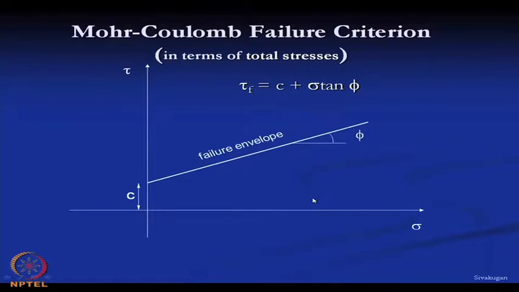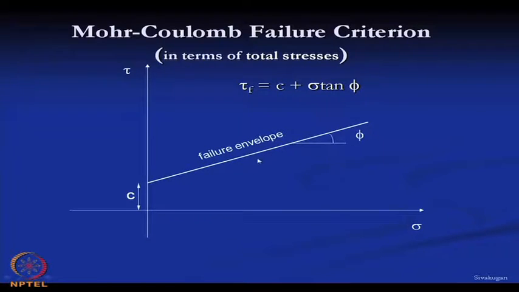Now, we can draw this as the Mohr Coulomb failure envelope. This is the envelope, this is the sigma axis, the normal stress axis, and this is the shear stress axis. If a Mohr circle touches this envelope, that means failure will occur.